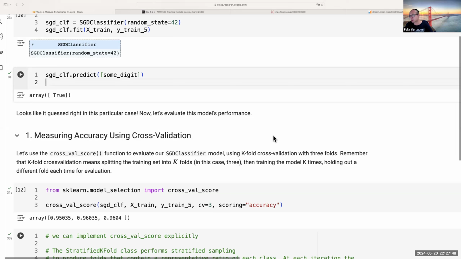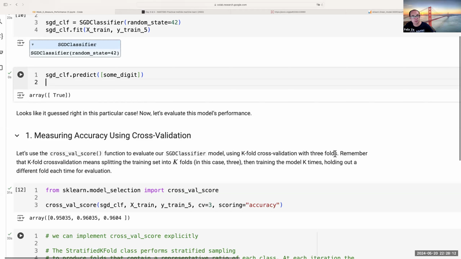We have talked about k-fold in a previous video. Here, k is chosen to be 3. So this is my SGD classifier, this is my training data, this is the target variable, and we're doing threefold, with the scoring method being accuracy.